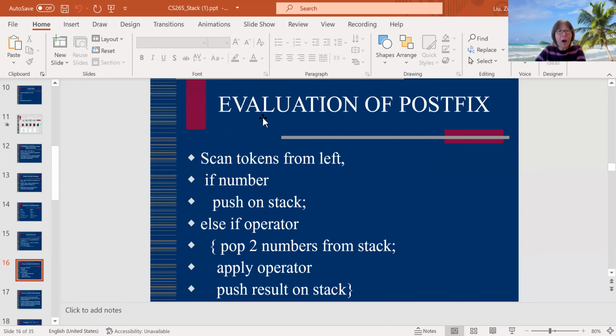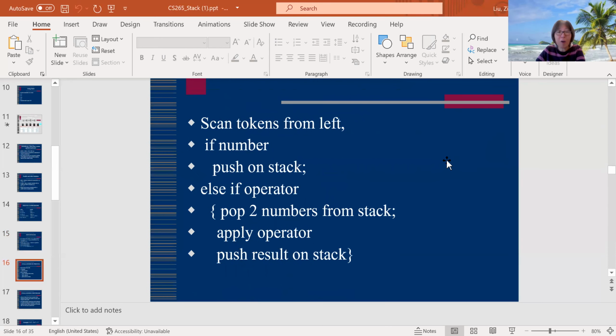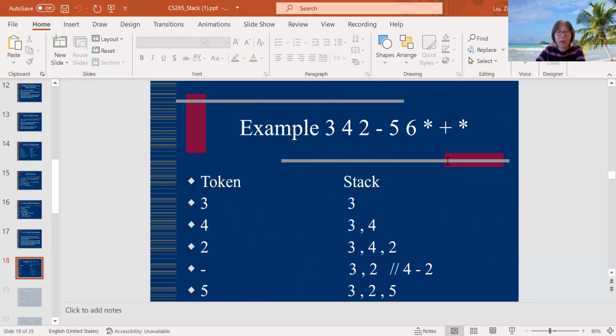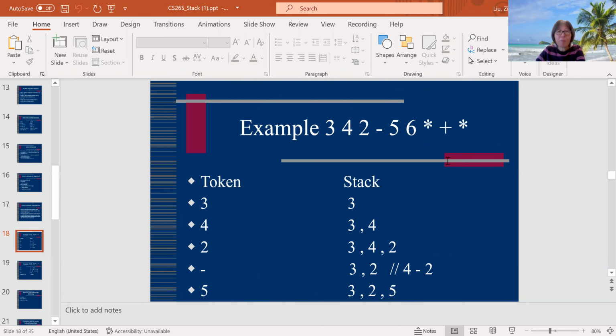Okay, then how are we going to evaluate the postfix expression? Let's see, maybe I can use this example. So here we have this example. We are going to discuss the postfix evaluation algorithm.